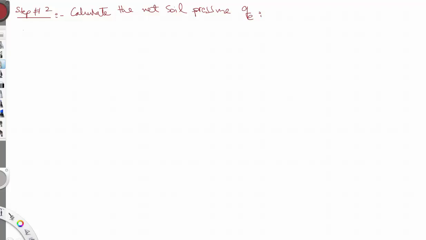And the equation of QE is equal to QA minus soil density multiplied by H1 minus concrete density multiplied by H.